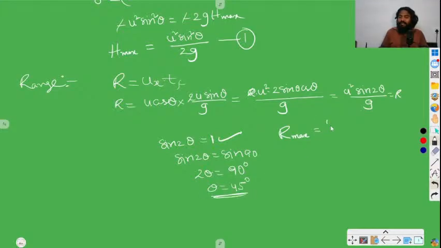Very, very important. U square by g. This is the formula of R max, right? Because sine 2 theta, if you substitute theta as 45, 2 into 45 is 90, sine 90 is 1. So now the range is maximum whenever you project an object at 45 degrees.